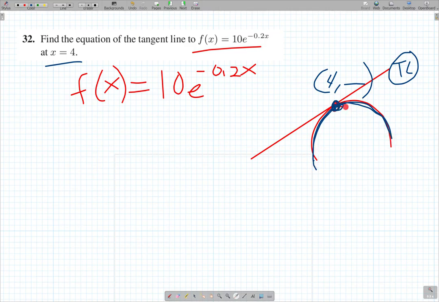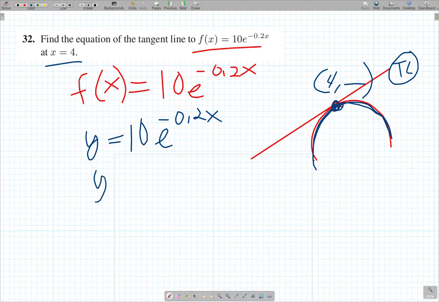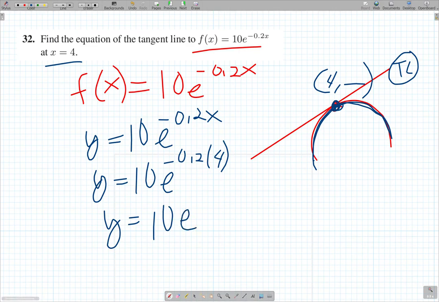So we can solve the value of y using this equation. Okay? So we will just substitute it, f of x into y, which is equal to 10 e negative 0.2x. So our x is what? Is 4. What is our y? No? So y is equal to 10 e negative 0.2 times 4. Your y is 10 e negative 0.8. So yan ang y natin.